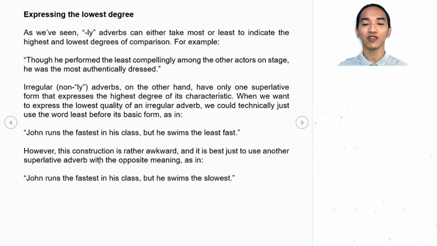It's best just to use another superlative adverb with the opposite meaning. So, in short, if you want to express the lowest degree, it's better to use an opposite meaning. John runs the fastest in his class, but he swims the slowest rather than the least fast. So that's just how we use our superlative adverbs.